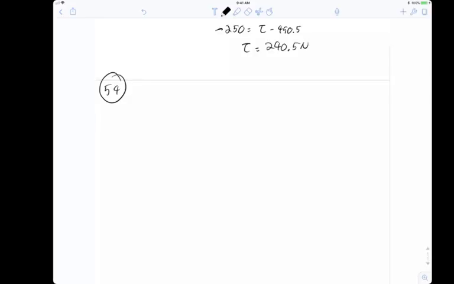How large is the normal force on this slide? If mu kinetic is 0.5, what is the acceleration?